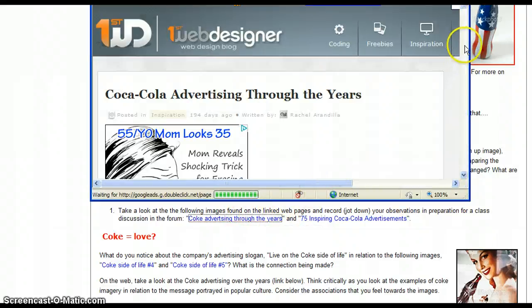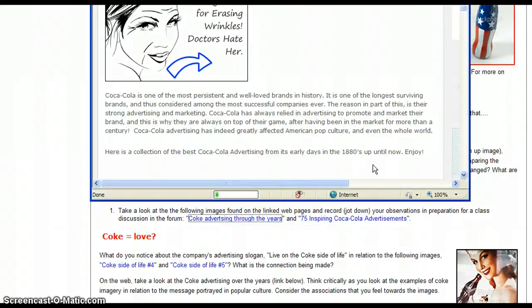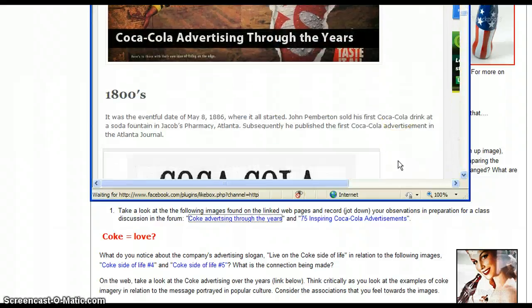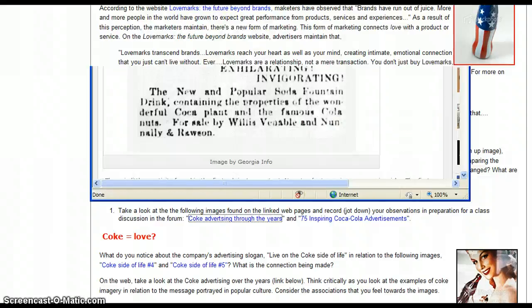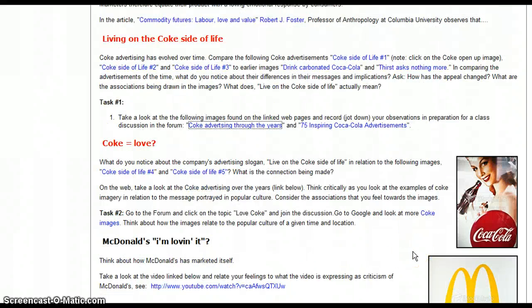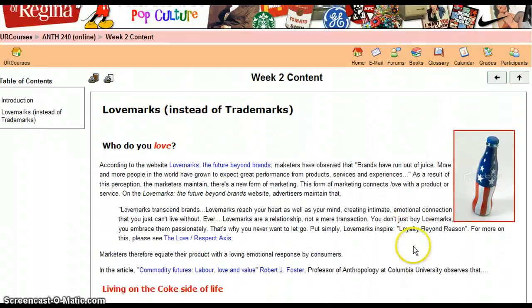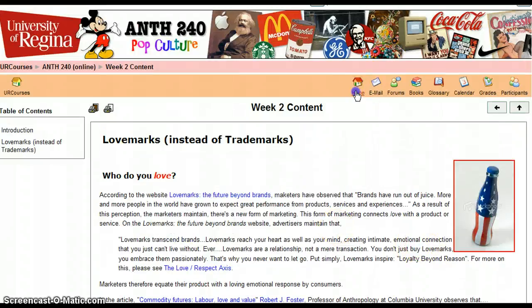My thought was that this could be a discussion in the forum, or an assignment of some sort. So that's one way around securing copyright for things from Coke or Disney.